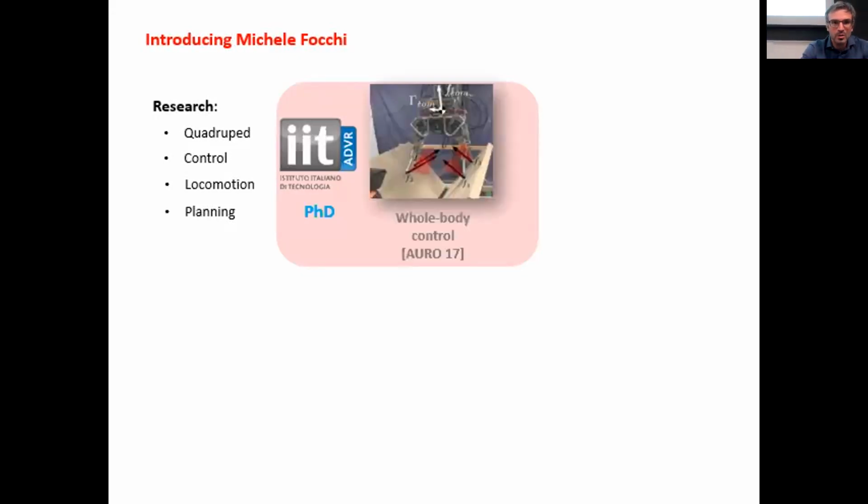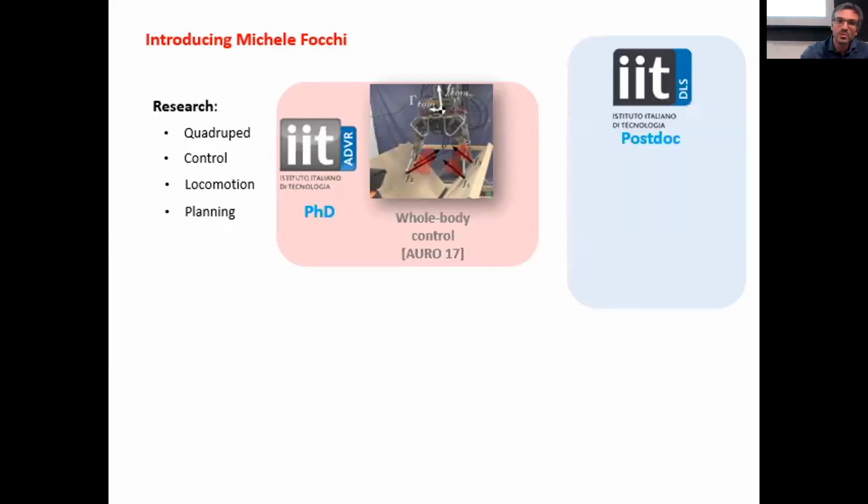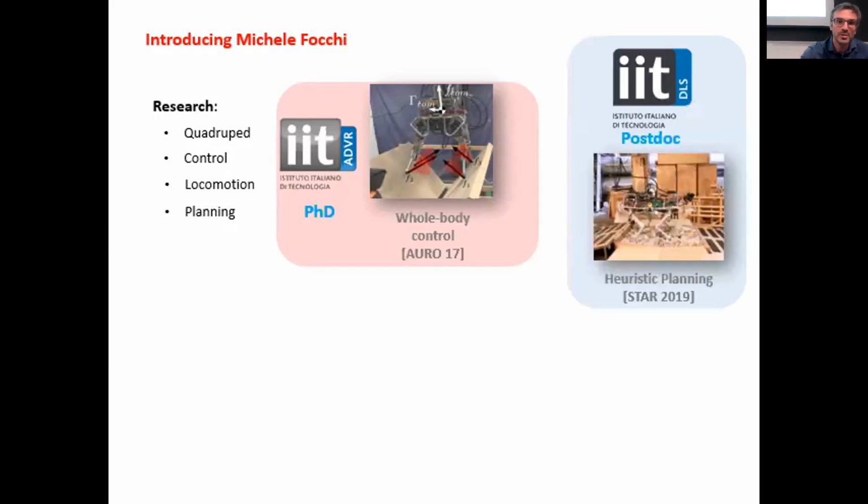At the beginning, during my PhD, I was mainly working on control, and in particular on the control of stability. So how the robot keeps stable while walking. If you push it, for example, it will try not to fall. And some strategies to preserve stability.